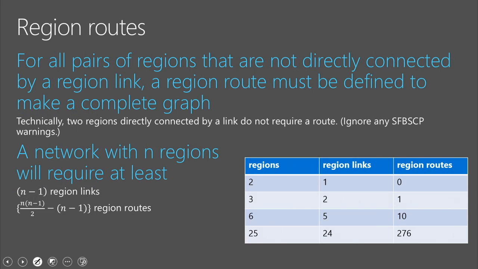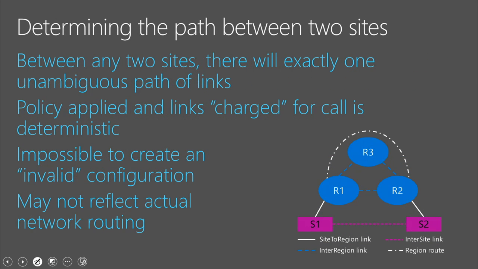Region routes, then. I mentioned earlier, anytime you have two regions that are not directly connected by a link, you'll need to put a region route between them. So in this picture, to get from site 1 to site 2, we've got an inter-site link, we've got the site to region links, and we've got a region route here that might say to use these two links.